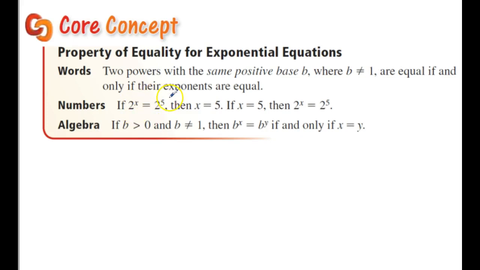So I can have x equals 5. So I know that that is true. I also know that if I have x equals 5, I can work backwards and make them both the exponent as long as my base is the same. This is written in numbers and then some algebra, but that's really what it means: if my bases are the same, then I can set my exponents equal.